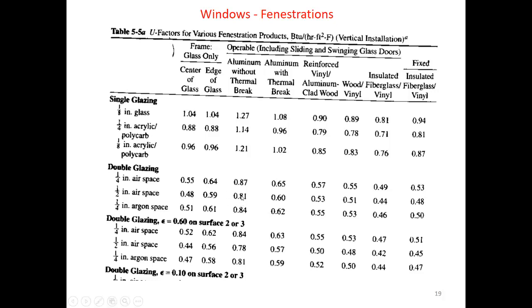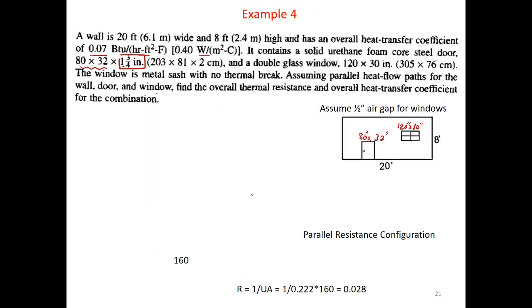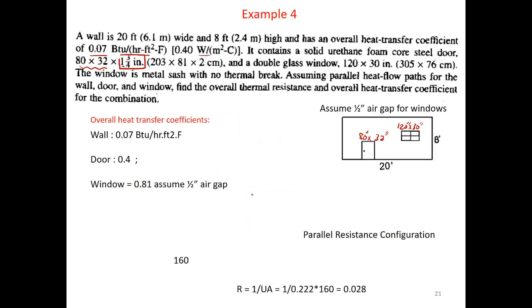So we're right here, 0.81. So we'll take that U value. We assume that it's 1/2 inch, which is right here. That's why it took me a while before I said 0.81.